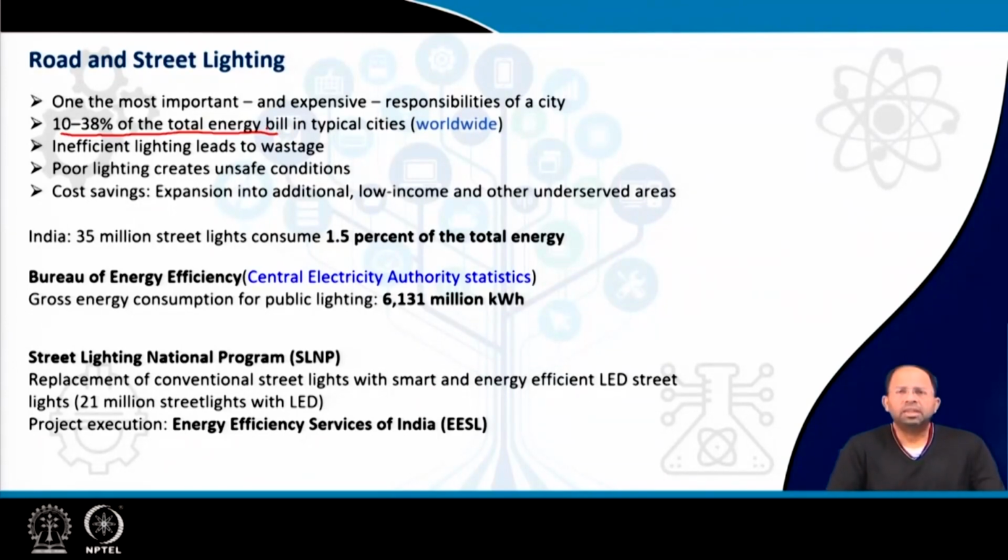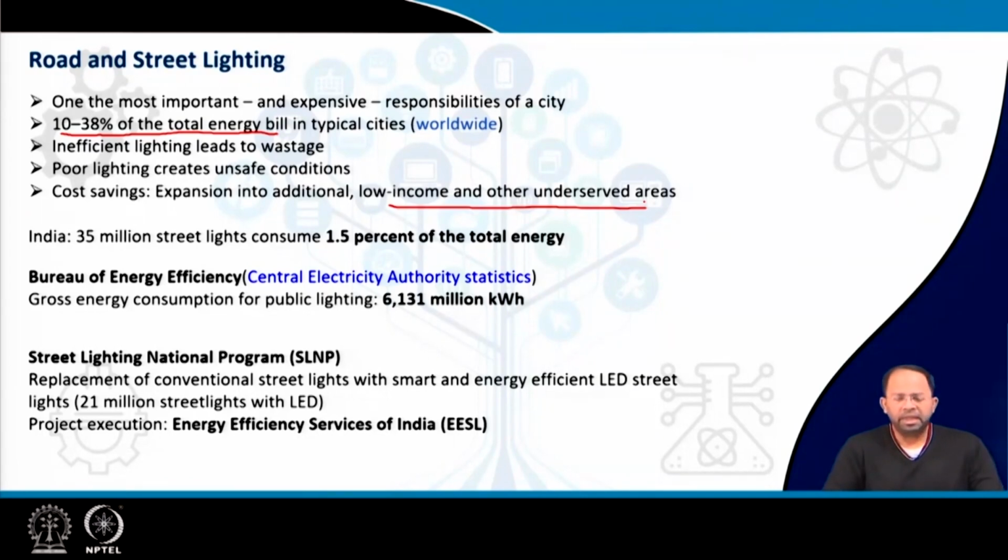Then the cost savings that we can make. Usually this is an expensive affair, because not only is there the capital cost, but also we need to run the street lighting operations throughout the year. That leads to a lot of energy bills. So if we can reduce a lot of cost in street lighting, we can actually expand to new areas to provide street light, and also to many low income and other underserved areas in an urban area.